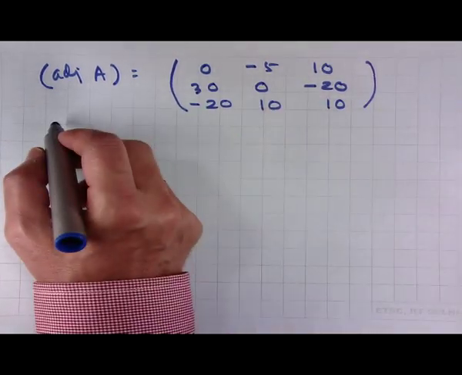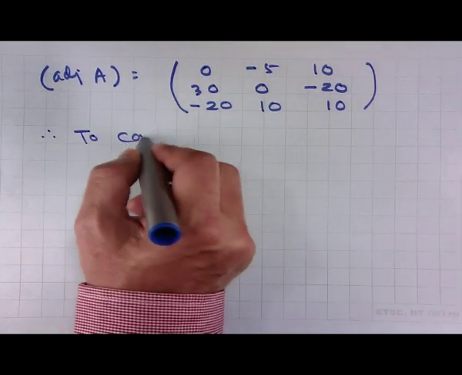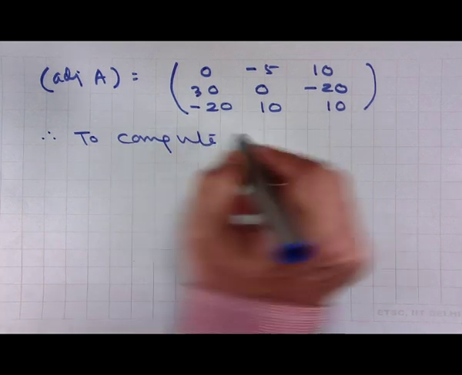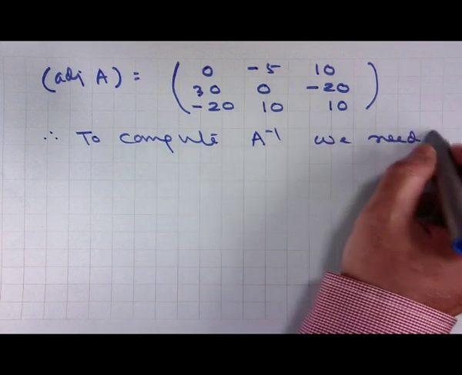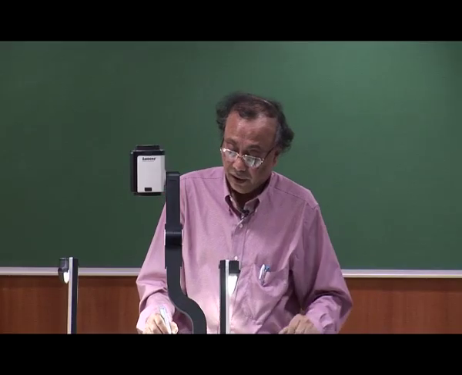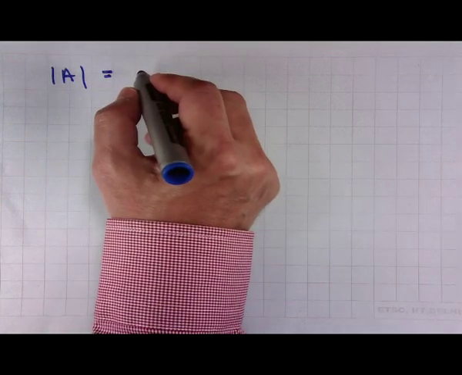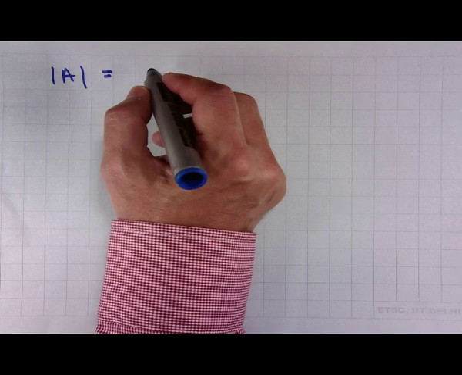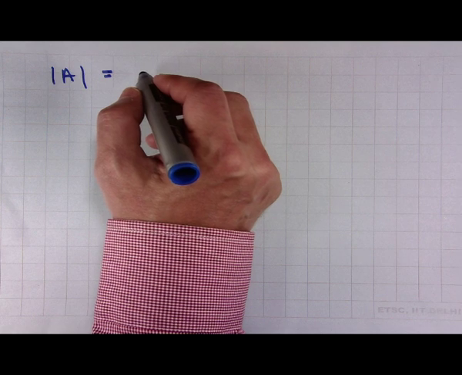Therefore, to compute A inverse, we need to find the determinant of A. Now, the determinant of A, if we expand along the first row, we multiply the terms by their cofactors.